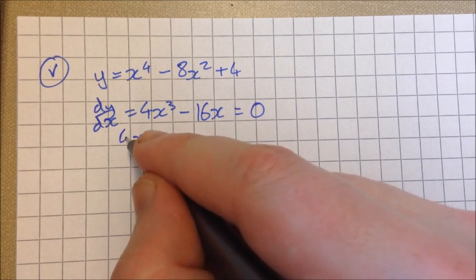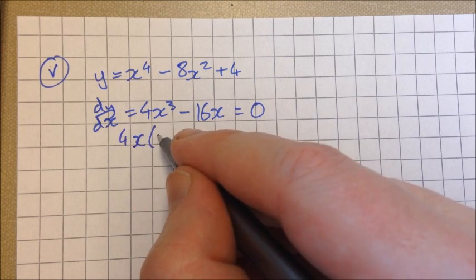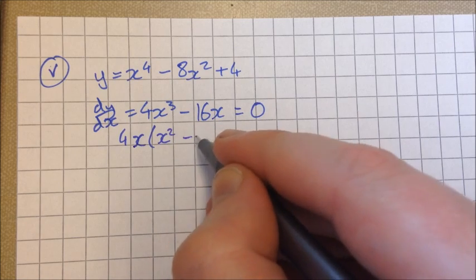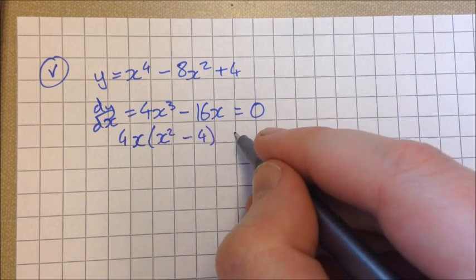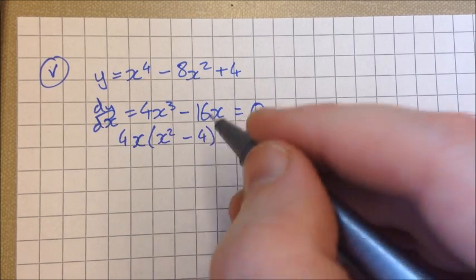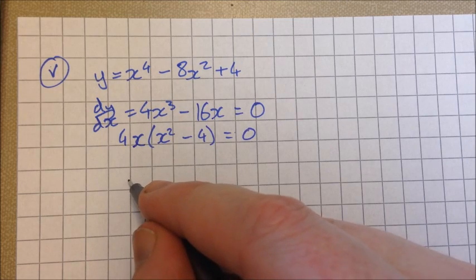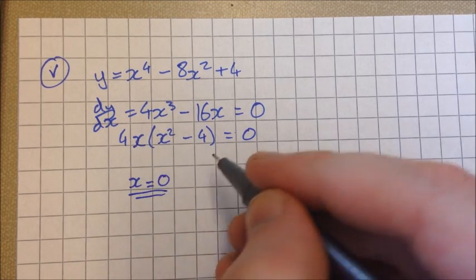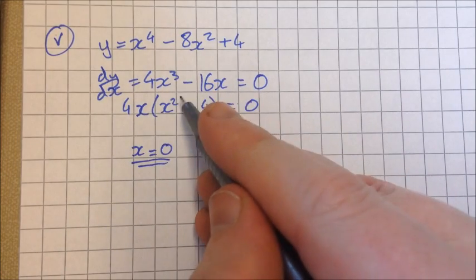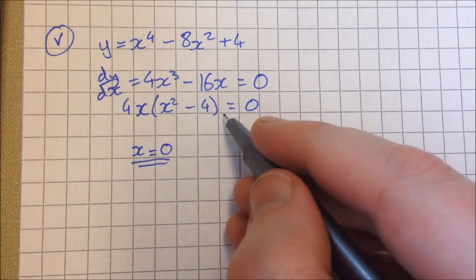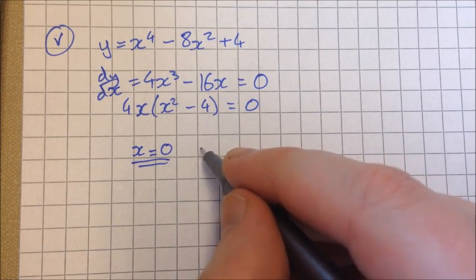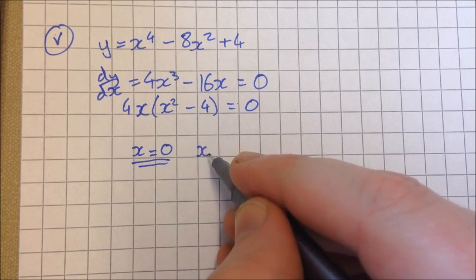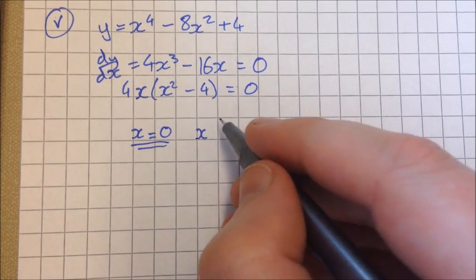So we've got 4x as the common factor, x squared take away 4. Okay, so x can equal 0. Now this is a cubic, so you'd expect there to be 3 solutions, or should I say up to 3 solutions.